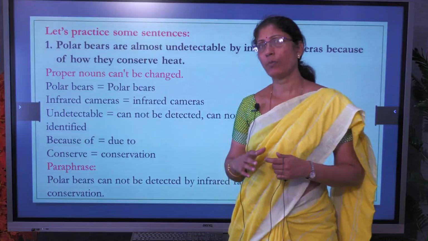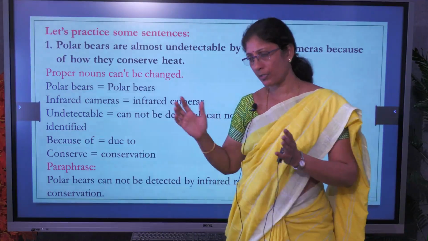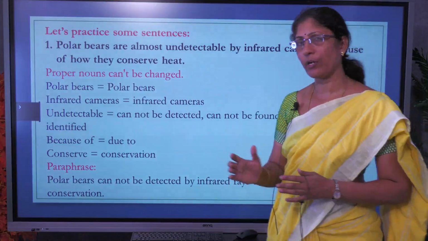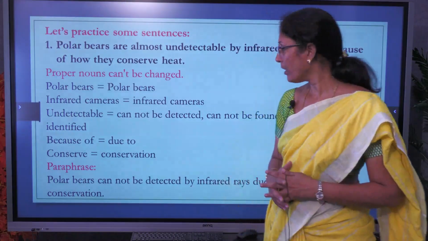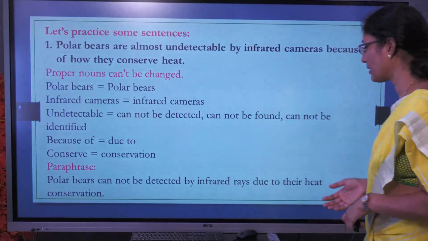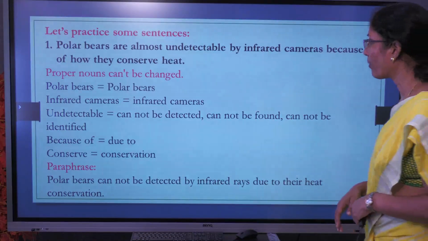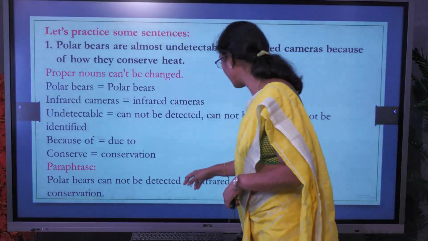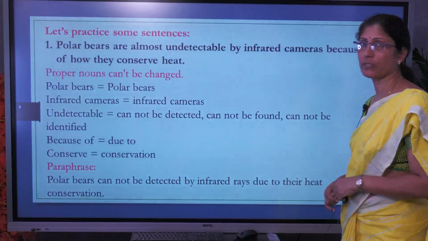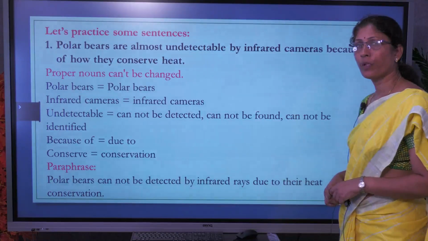So in place of maintaining 100% length, we can make it from 80 to 100, no problem. So this is how it is paraphrased: polar bears cannot be detected by infrared rays due to their heat conservation.